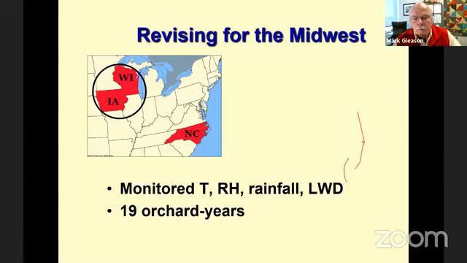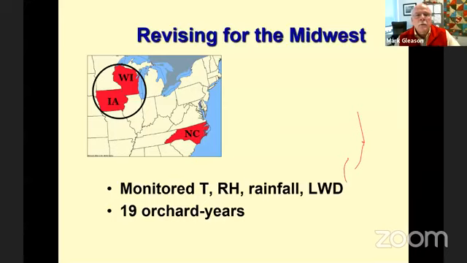And we monitored temperature, relative humidity, rainfall, and LWD, which is leaf wetness duration. Leaf wetness duration is the number of hours per day when the foliage is wet. So these 4 weather variables we monitored every hour, over 19 orchard years in the upper Midwest.